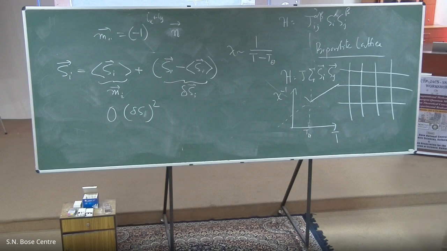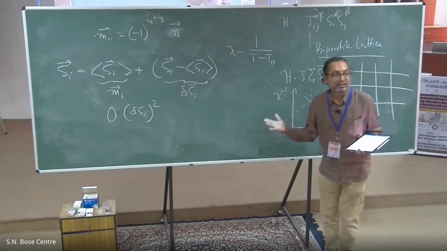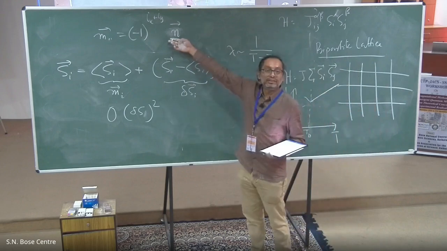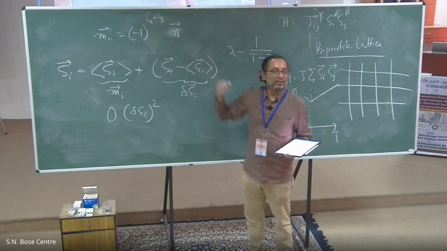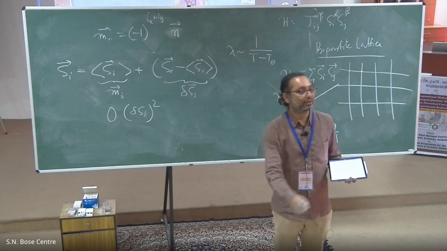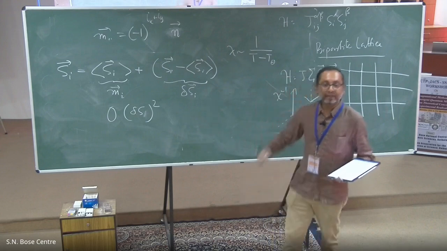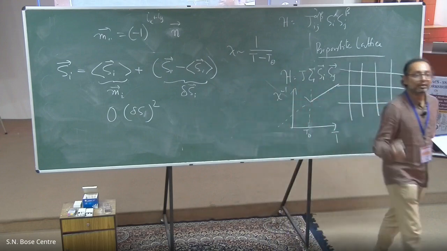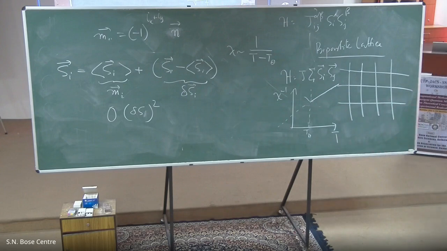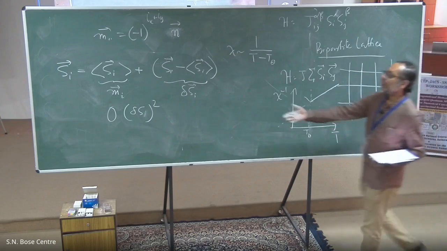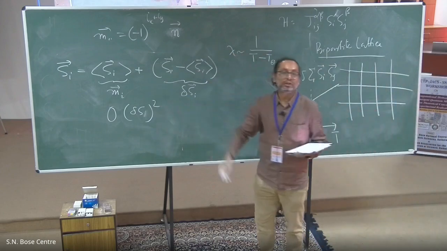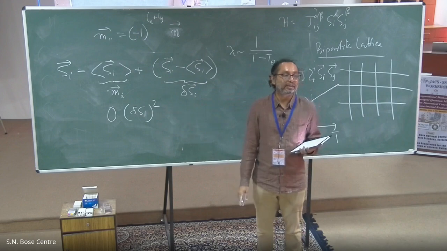But let's try to understand what we did. We sort of put in the guess, this information about possible symmetry breaking, and then we are doing the calculation. So the mean field theory is like trying to anticipate what the system is doing, and then trying to develop a consistent framework to describe that.